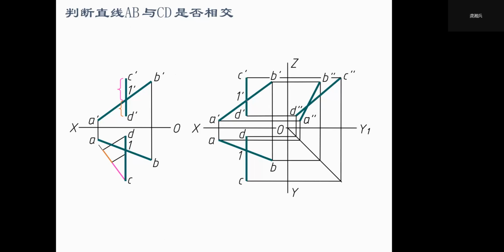You will find the intersection point one and this one do not obey the point projection law. So these two lines are not intersecting lines, so they are skew lines. We have two accumulate points, and you can use accumulate points with left and right to give the visibility.